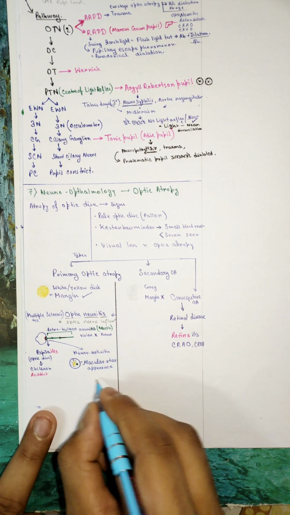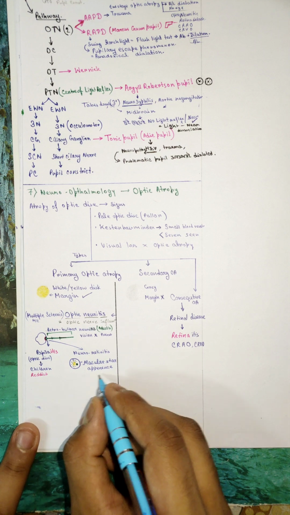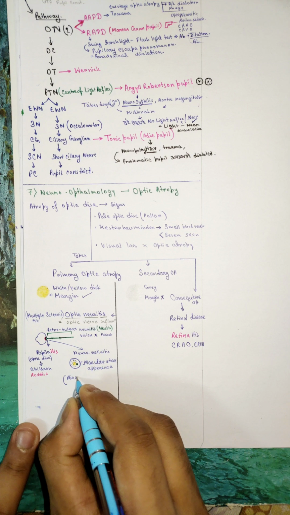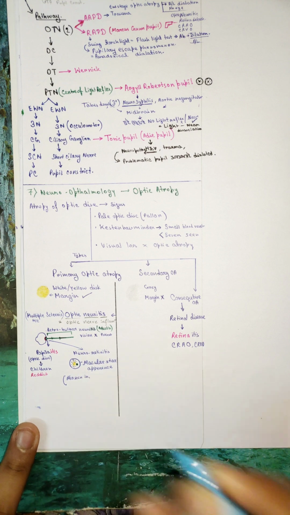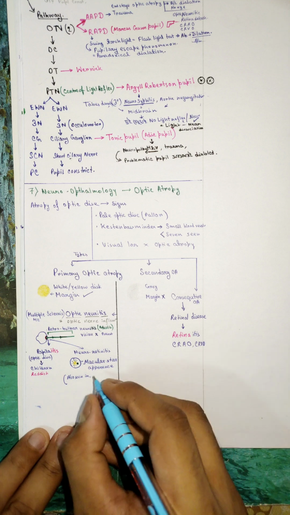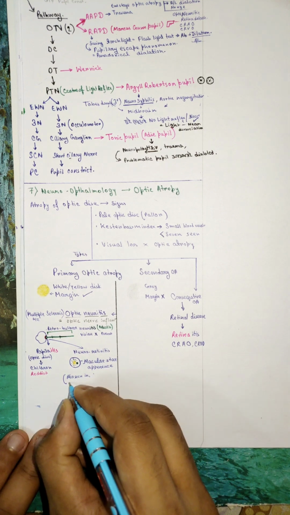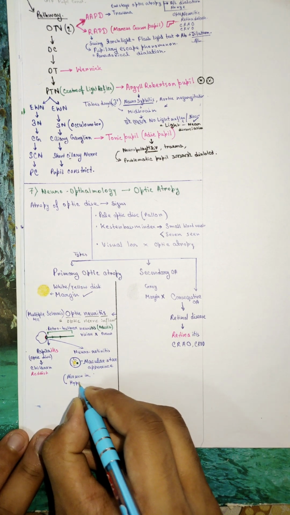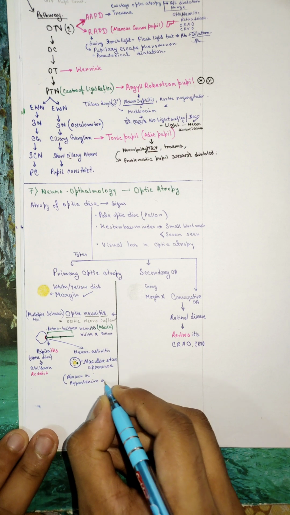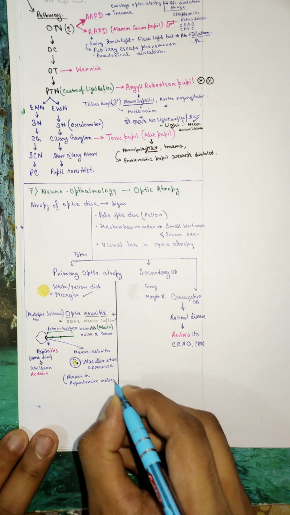Where else can it be seen as well? It can also be seen in hypertensive retinopathy.